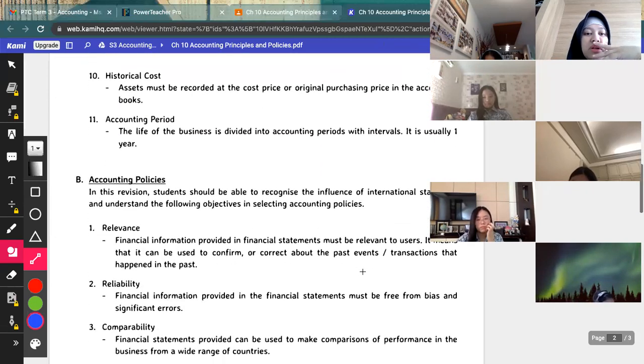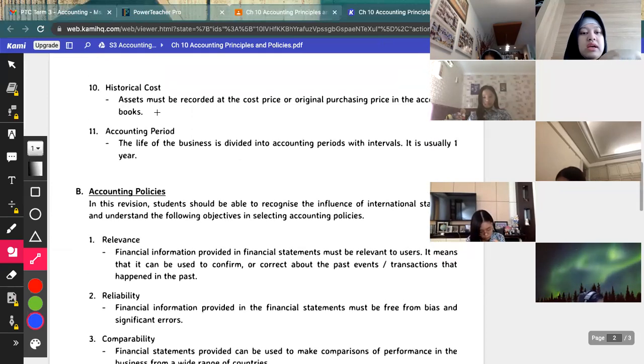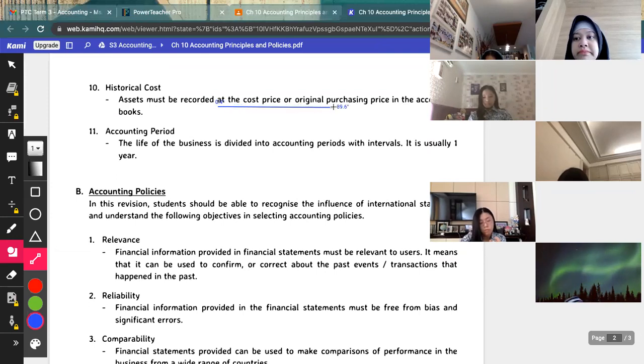Continue, yeah? Historical cost. Historical cost is about assets that will be recorded or must be recorded at the cost price or original purchasing price in the accounting books.